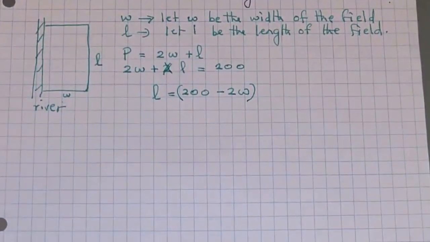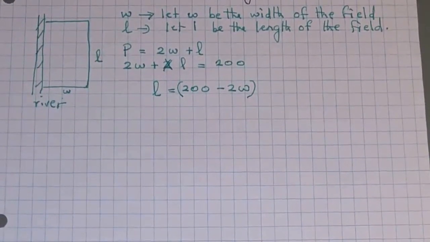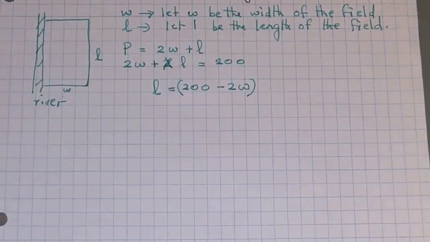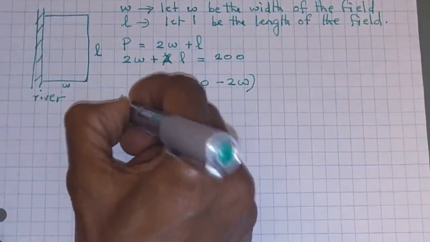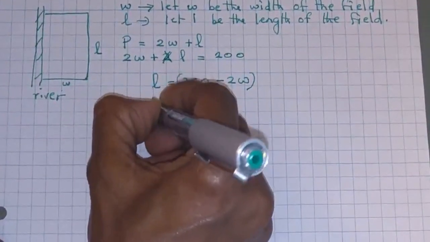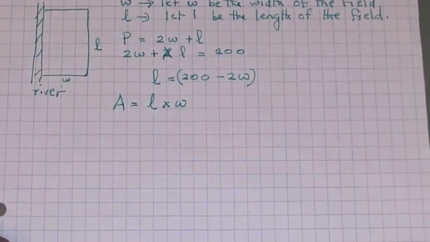Now I have to find the dimensions of the field that would make the maximum area. If I want to write the area of that field, which is going to be A, it's L times W. So area is length times width.